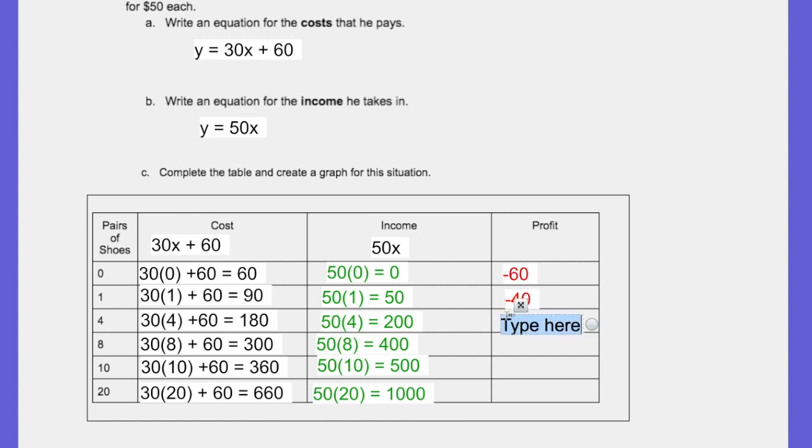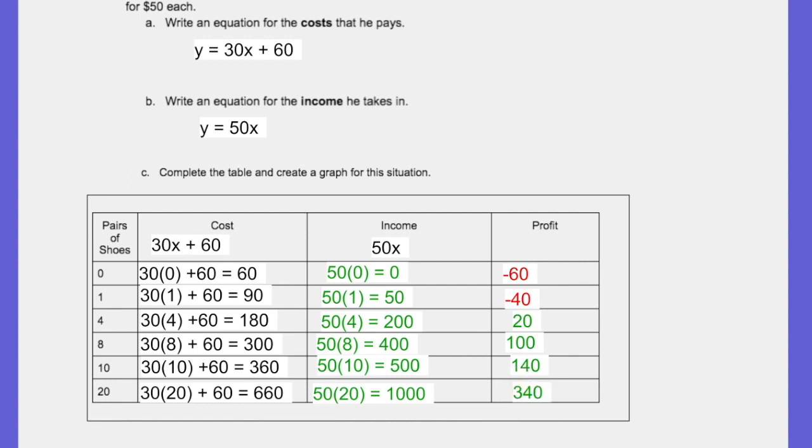So 200 minus 180, he made 20 bucks. And then we got 400 minus 300. This is where he makes $100. And then he makes even more the more that he sells. And that kind of makes sense. So he makes 140 this time. And then over here, he's made a total of $340 above what he paid.